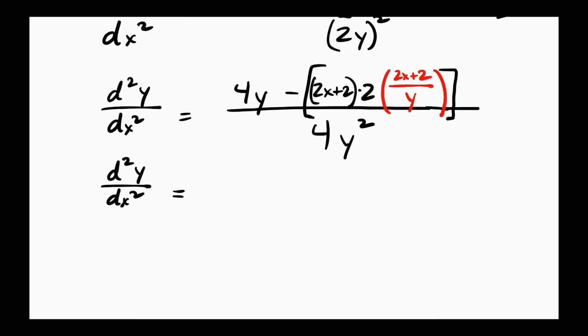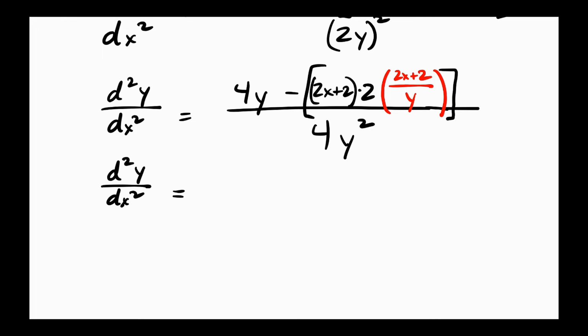Okay. Now I don't have any dy dx's. I only have a d squared y over dx squared. And it's isolated. So now all I have to do is clean this up, combine like terms, anything I can do that way.